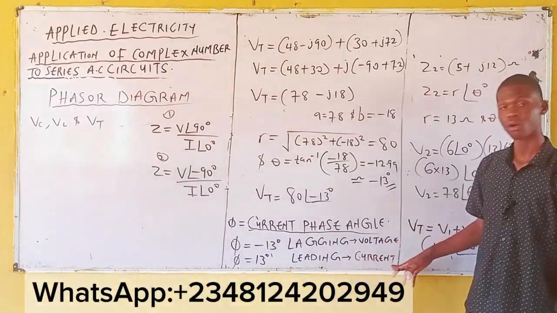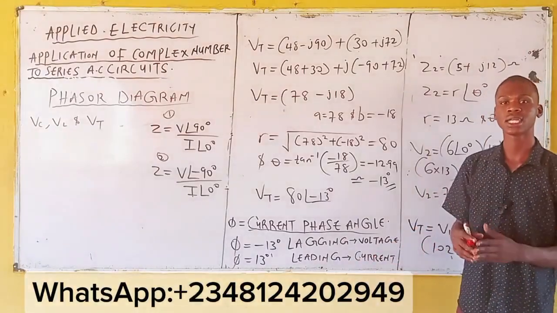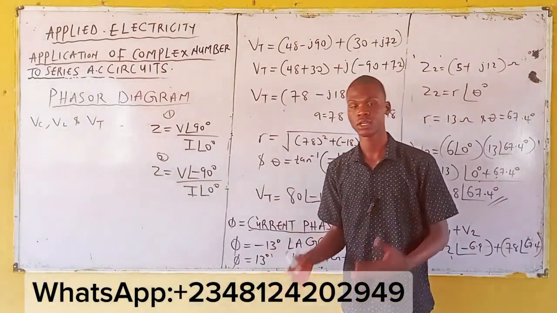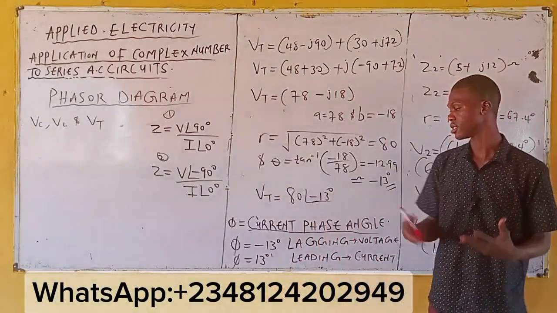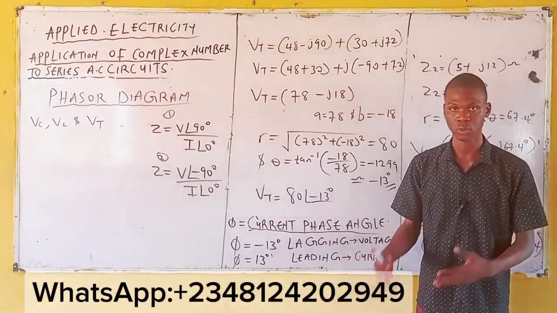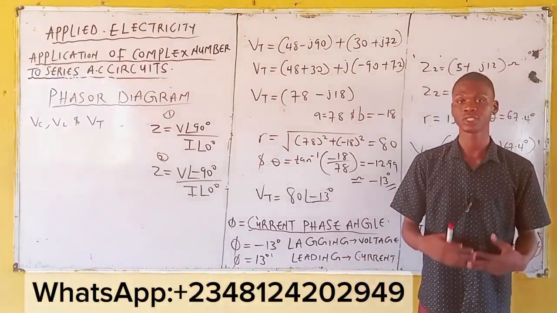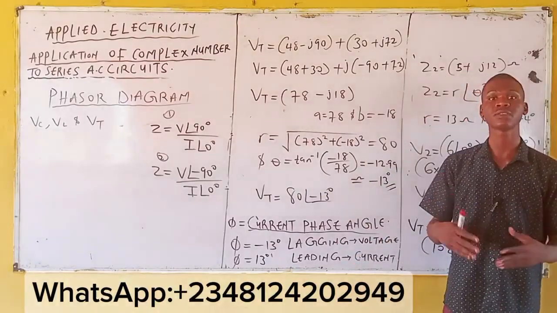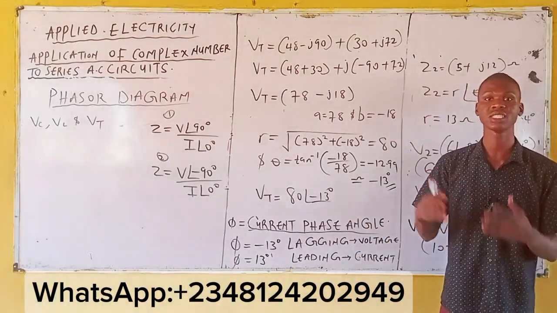What's leading? Current. So the overall idea is that it varies. You might go with negative 13 or 13, you are still saying the same thing. Just state the condition. When you go with negative 13, it means your voltage is lagging. When you go with positive 13, it means your current is leading.